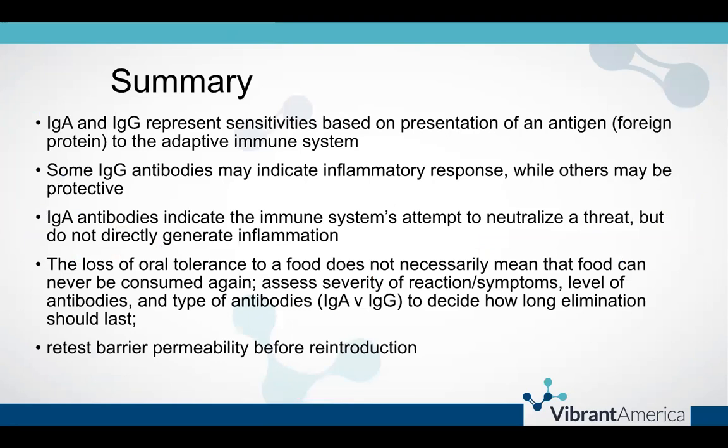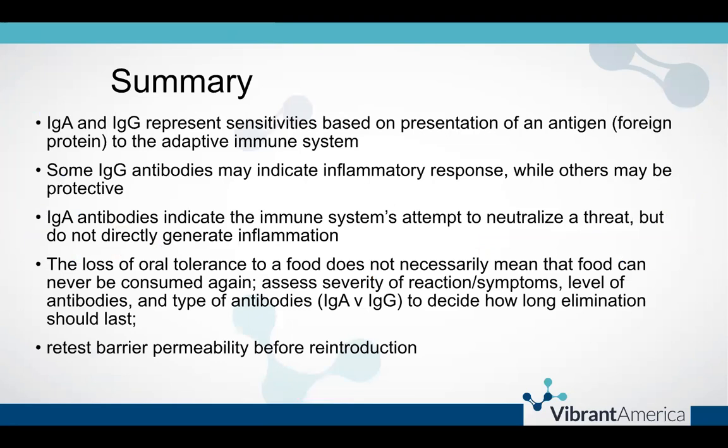A good deal of that is going to be based on your clinical assessment of the patient, because you are going to have the most information about that patient. And then you always want to retest barrier permeability before reintroducing foods. This step is just critical to a positive experience and a better outcome for your patient.